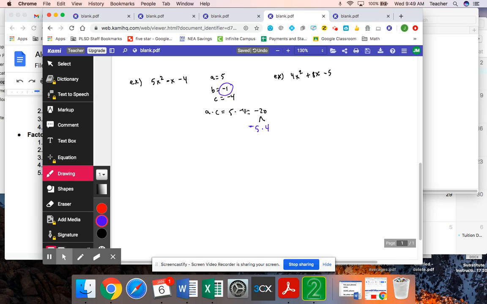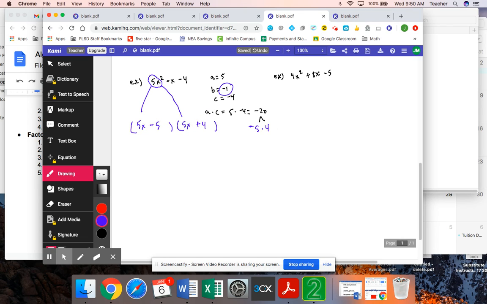Again, that might take some practice, and that's where all these practice problems come into play. But for our purposes, we can start our factoring. Whatever this is, write it in both places: 5x, 5x. Now I know my pieces are negative 5 and positive 4.